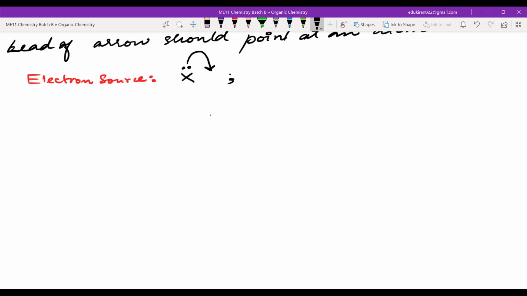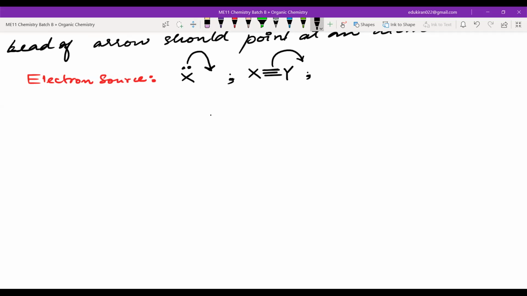Secondly, what can be an electron source? If you have a triple bond, then the electrons will be going away from the triple bond. This is the flow of the arrow. See, this particular tail is pointing towards the electrons. It is not pointing towards the atom. It is pointing towards a bond or a lone pair.